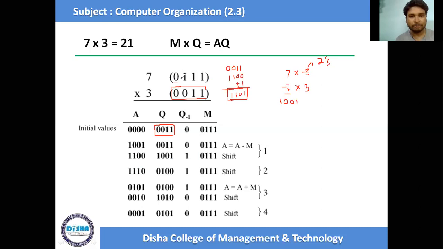In that case we never use the plus value of M. If M is in the negative form, we always use the minus value of M. So here it will change: minus minus M becomes a plus M, and here it becomes a minus M. Small changes will be there. You have to be aware of that, otherwise it will be wrong.